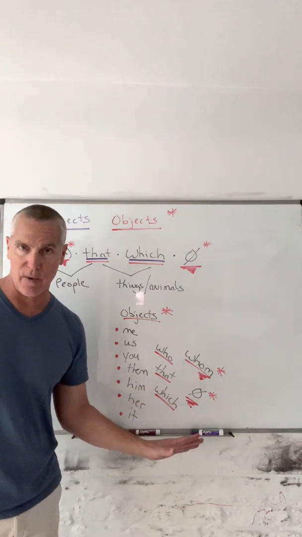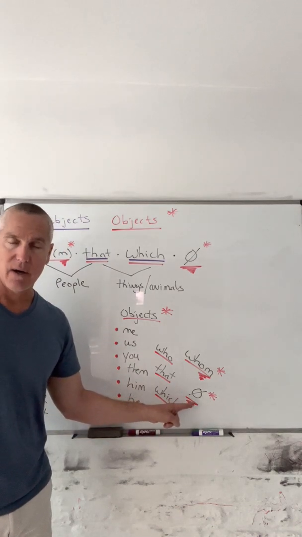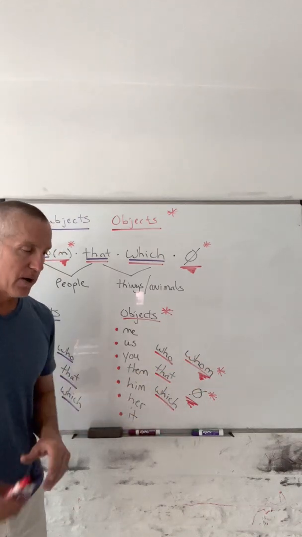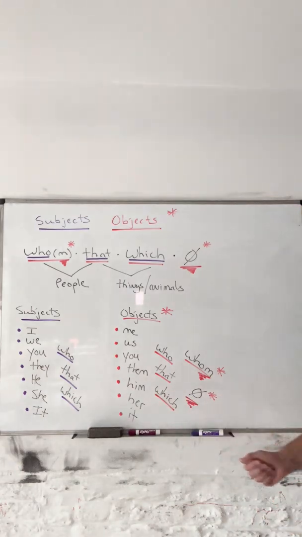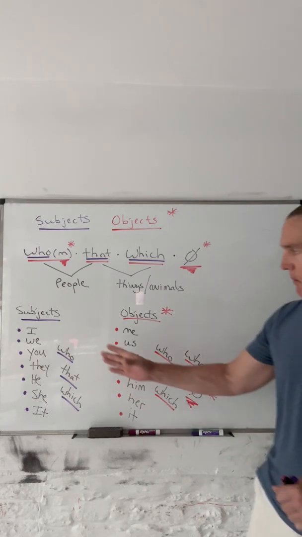We have no pronoun for people, things, or animals, and we just represent that with the circle with the line through it, null. So no pronoun. Let's take a look at a couple of options, but again, to take some notes, there's the board with a couple of easy references.